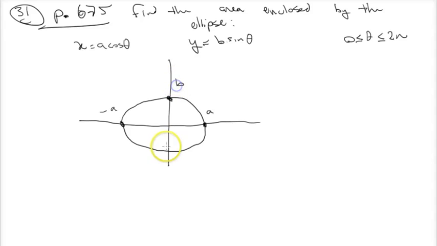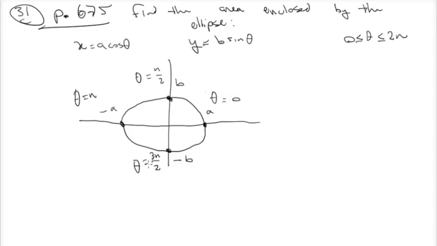So this is b, and then down here you can imagine is negative b, at 3 pi over 2. So these are the points we have at certain values of theta: this is when theta is 0, this is when theta is pi over 2, this is when theta is pi, and this is when theta is 3 pi over 2.